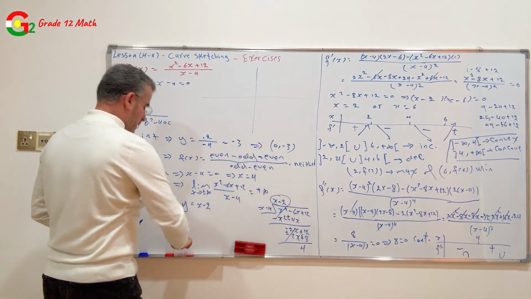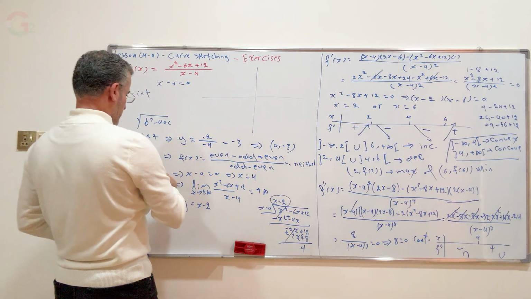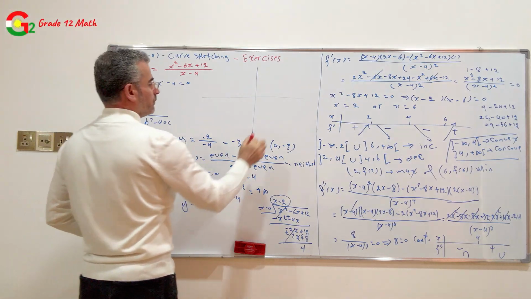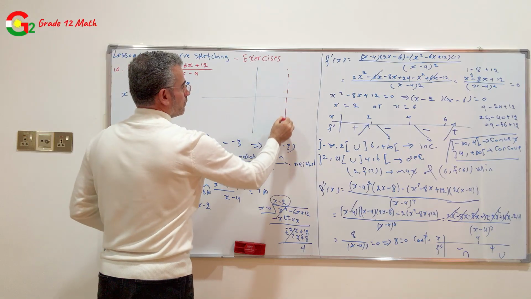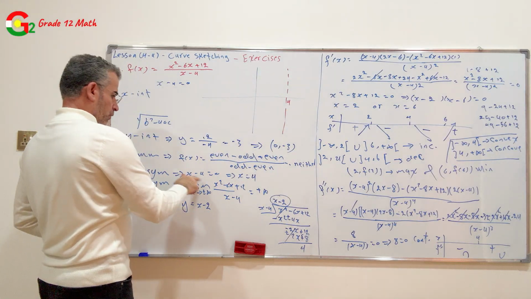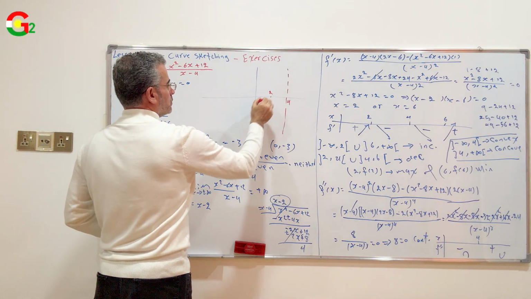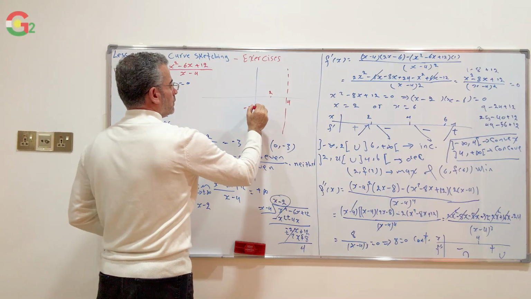this is the axis. We have a vertical asymptote at x equals 4 and slant asymptote y equals x minus 2. This is 2, negative 2.